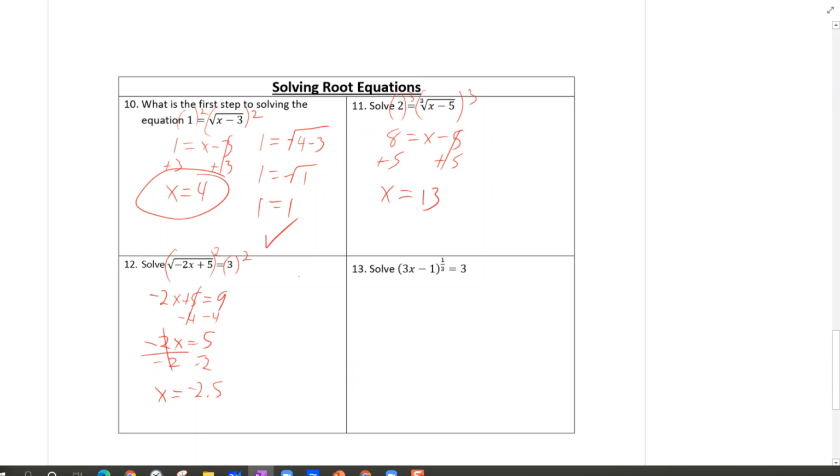Then we're going to put this in, it's a square root one, so we have to check it. So square root of -2 times -2.5 plus 5 equals 3. That's 10, because that's 5 and 5 is 10. Square root of 10 does not equal 3.